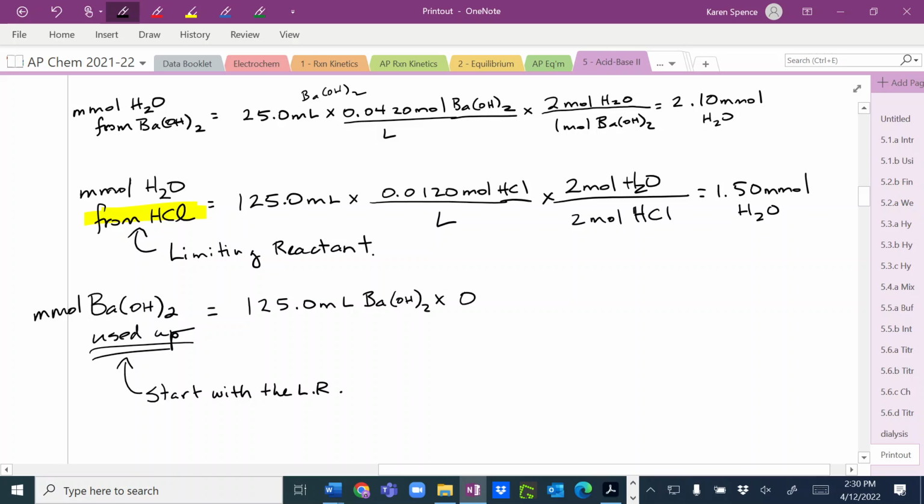And let's convert that into moles of Ba(OH)2. 125 milliliters of HCl, thank you. What's wrong with me?